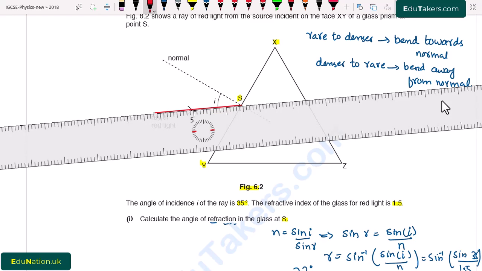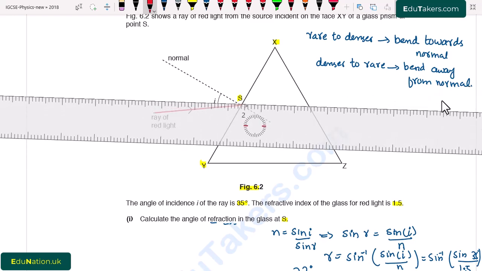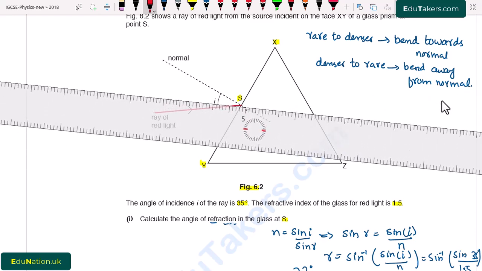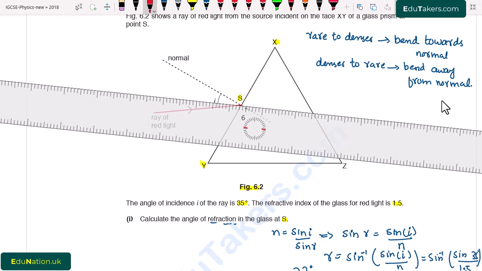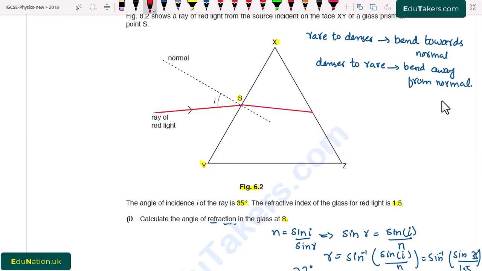So I am going to draw its path. It will be just like this. So we can see that here i is the angle of incidence and this r is the angle of refraction. So we can observe that the angle of incidence is larger than the angle of refraction. It means that this ray is bent toward the normal.